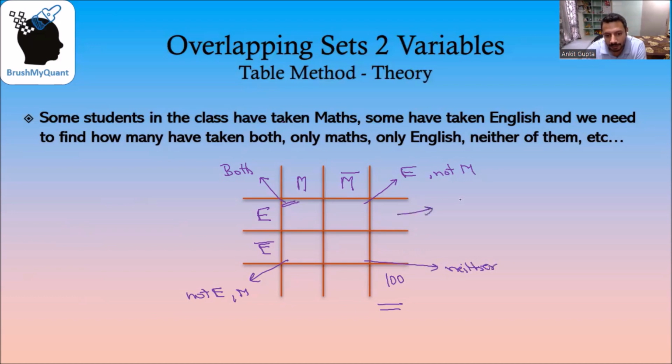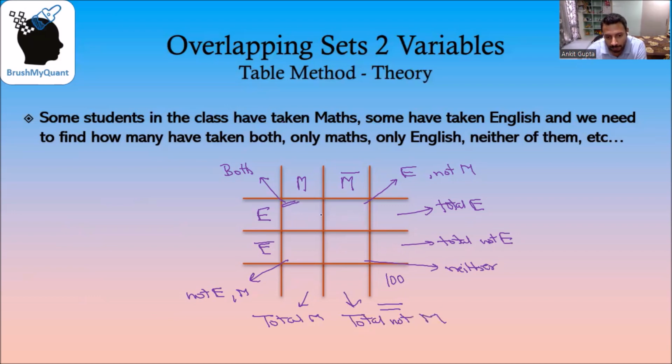This particular cell is total students who have taken English. This is total students who have not taken English. These are the total students who have taken maths. And these are the students who have not taken maths in total.